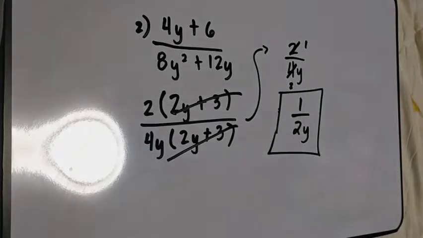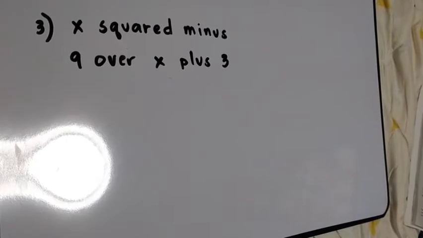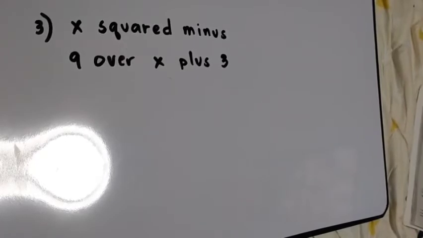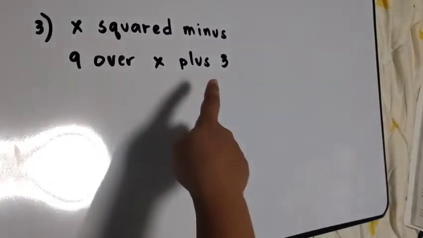Okay? Given is x squared minus 9 over x plus 3. So, as you notice, the given is a mathematical statement or sentence. So, first, we're going to transform this one into mathematical expression. So, we have x squared minus 9.